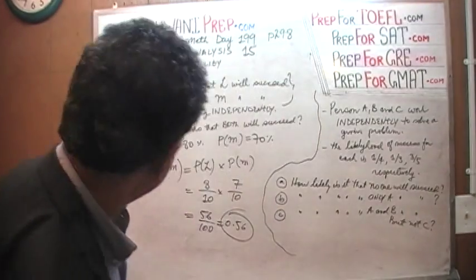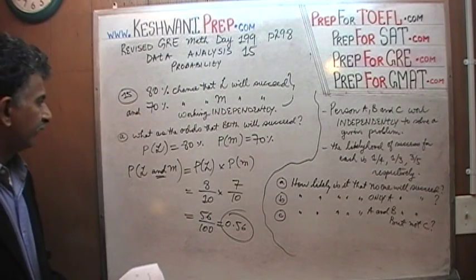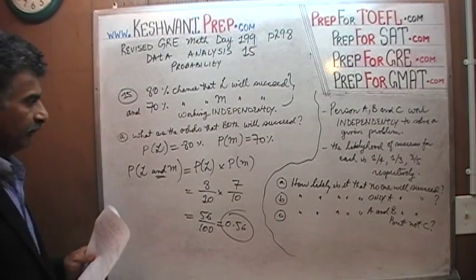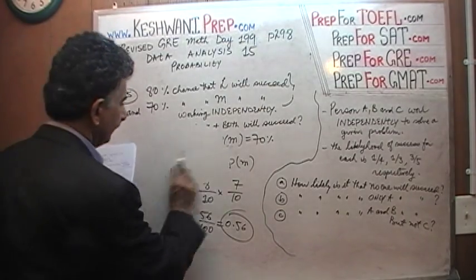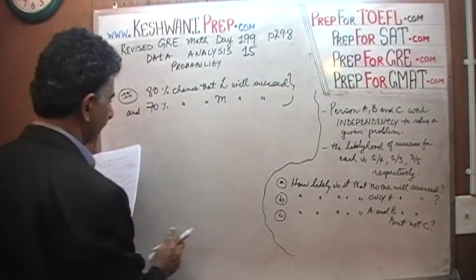Let's look at part B. Part B says, what are the odds that at least one of them will succeed? At least one of them will succeed. That's it, we're done with this part. I need the room, obviously. They're working independently. I just erased it, but you know it.